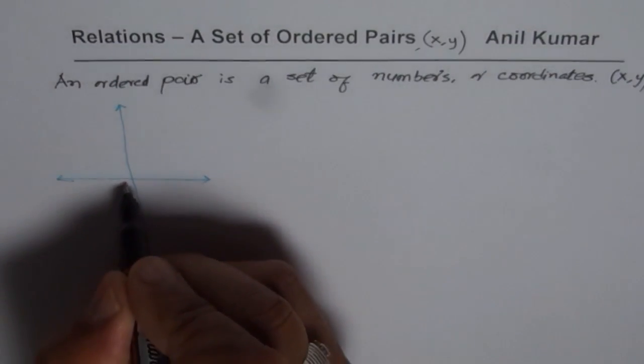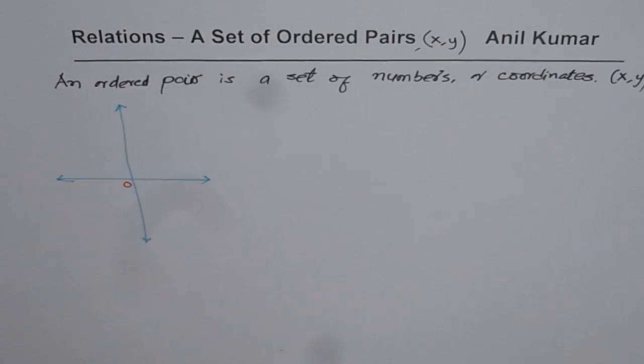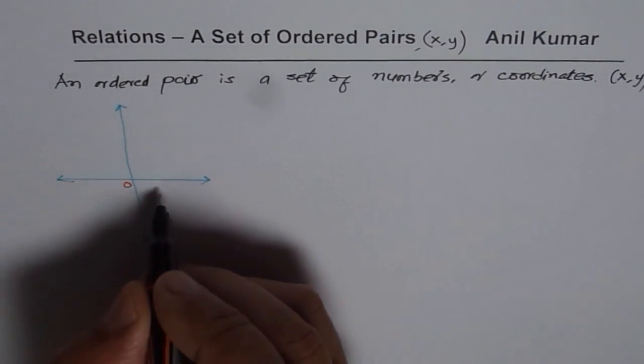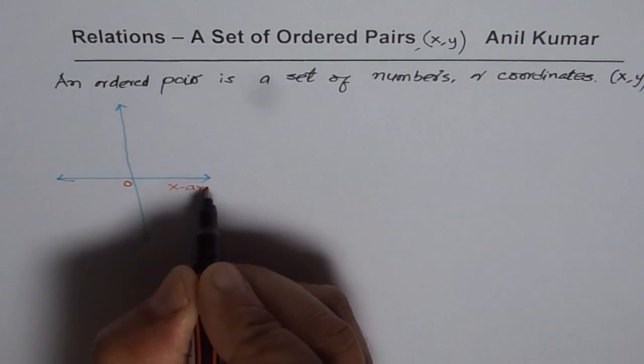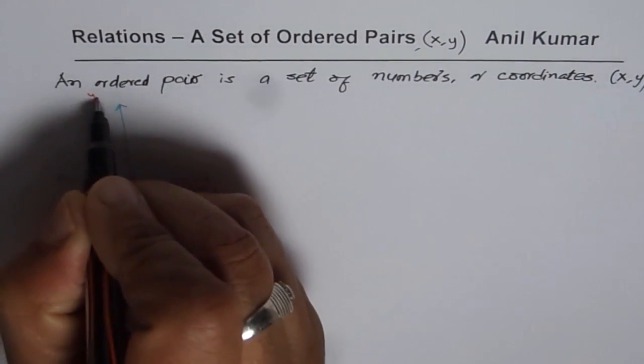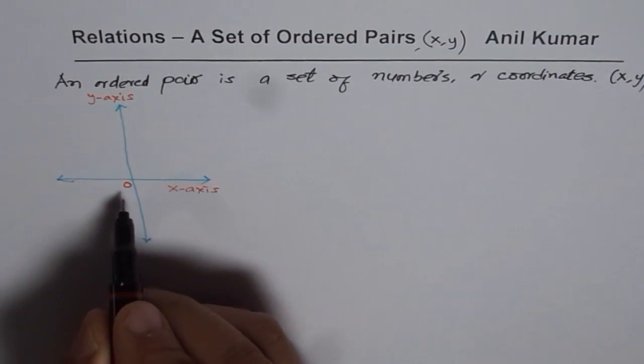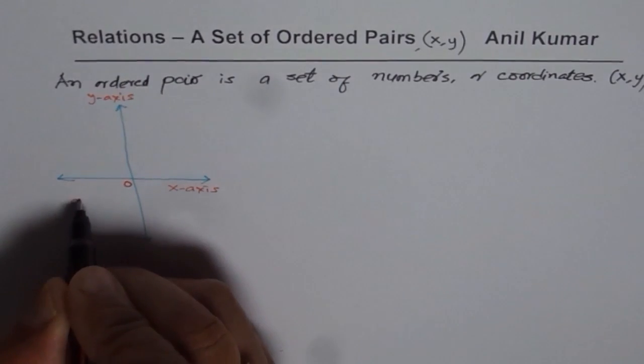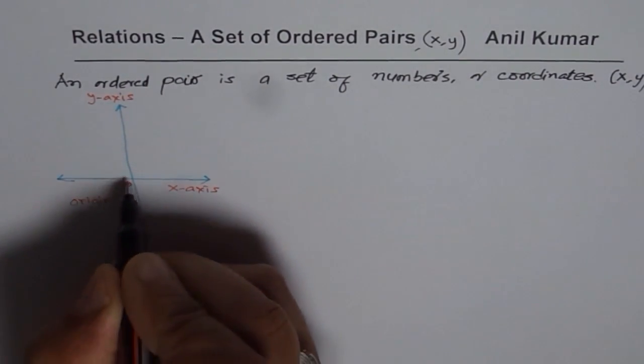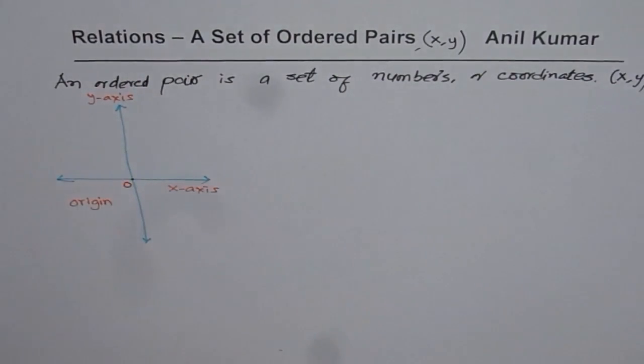These number lines intersect at point O, which we call the origin. We call one the x-axis and the other the y-axis, and their point of intersection, normally represented by the letter O, is called the origin. Both the x and y coordinates of the origin are 0, so 0, 0 represents the origin.